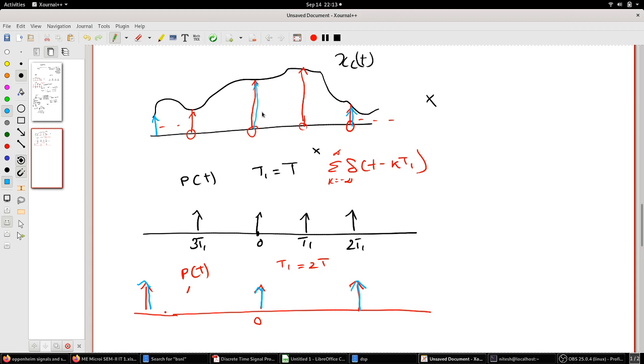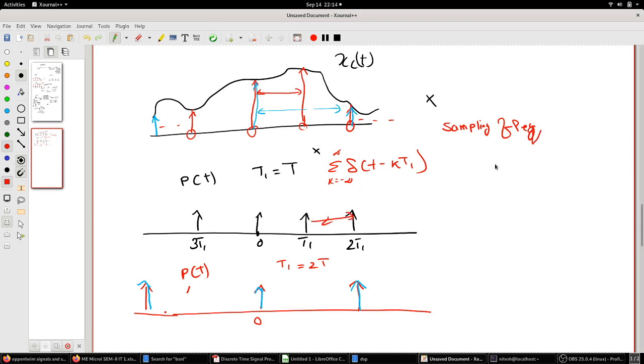Now if you see, my inter sample distance has increased, right? Initially the inter sample distance was this, and this is now my new inter sample distance. The sampling frequency is determined by this inter sample distance.